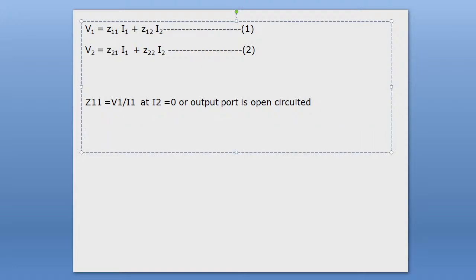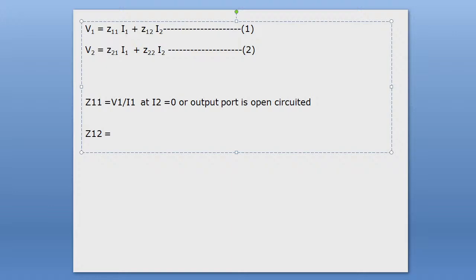Then you tell me what will be the expression of Z12. If you consider output port is open, that means the current I2 is 0. Open circuit means current is 0, voltage is infinite.